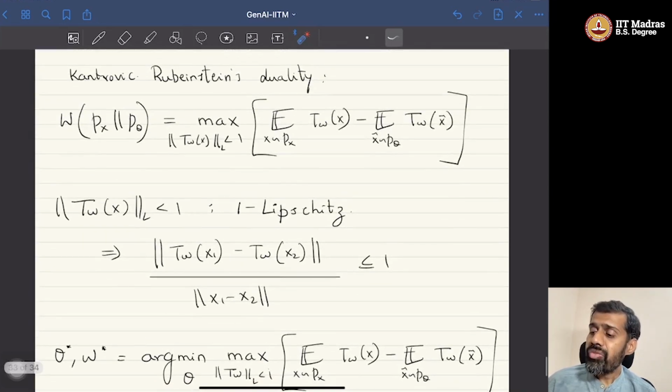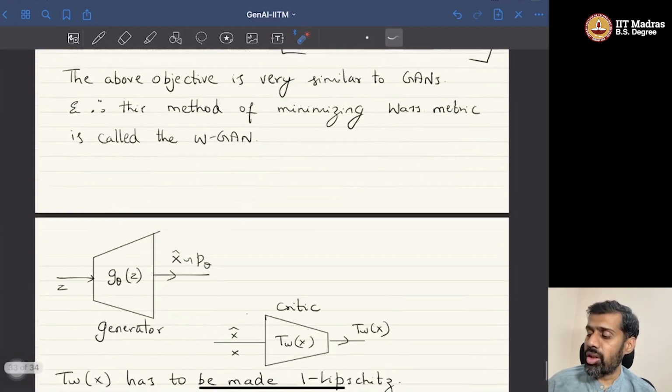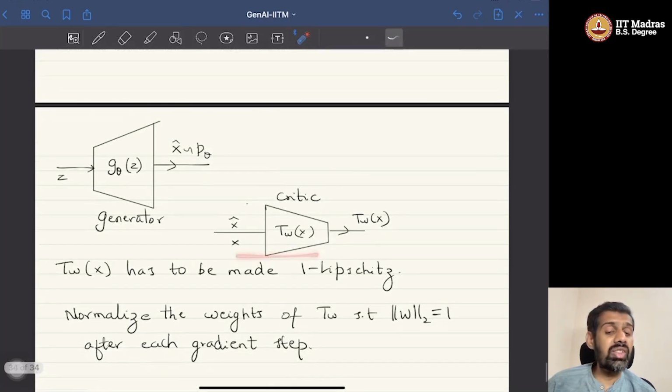One is that the adversarial optimization that occurs in a Wasserstein GAN is exact rather than a lower bound, unlike the case of f-divergence. The other thing is that you have to ensure that the critique network involved in solving this adversarial optimization problem is one-Lipschitz, and one does that by just normalizing the weights of the critique network after every gradient step.